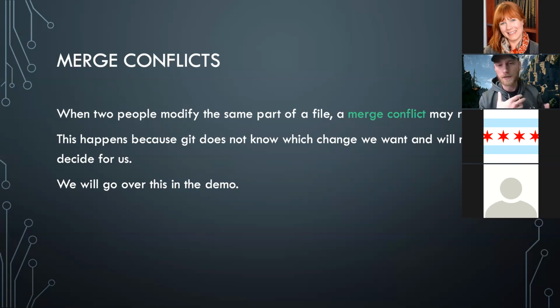So it's not going to make that decision for you. It'll give you a notification that there's a merge conflict, and then it'll have little annotations on where this conflict is. So it'll say like branch AI has this version, branch master has this version. Which version do you want? And we'll show you a little example of that. So it should become a little more clear again with the demo.